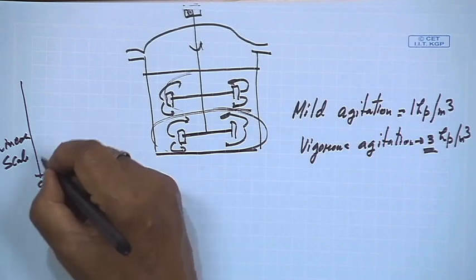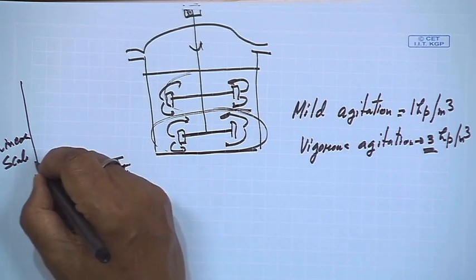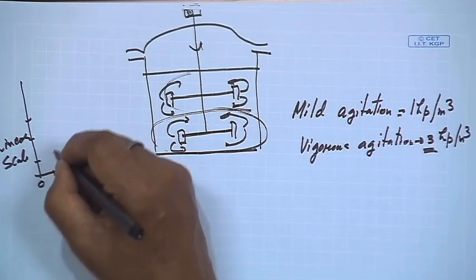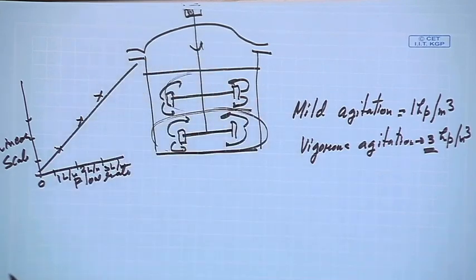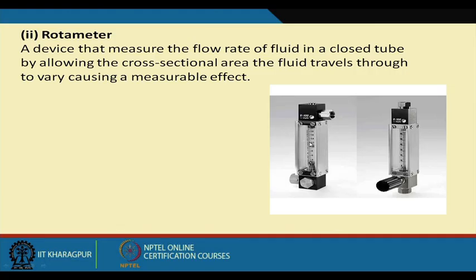So you have a linear scale also, the value will change like this. From this calibration curve, you can easily find out what is the actual flow rate of the air. So the rotameter is largely used in the fermentation industries to find out the flow rate of the air.